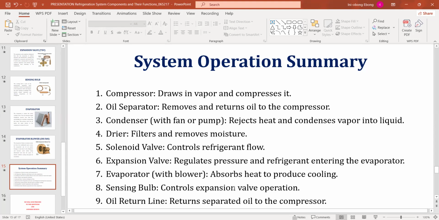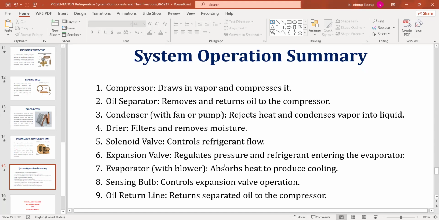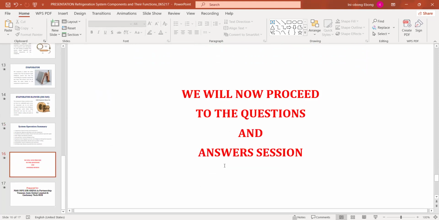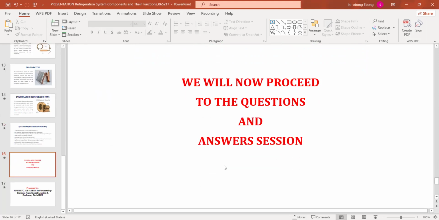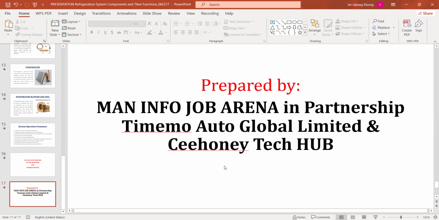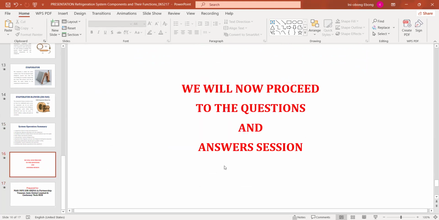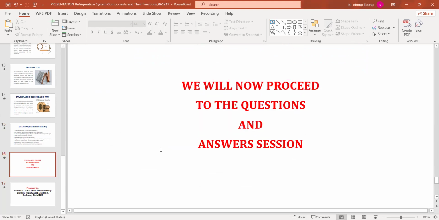Sensing bulb controls expansion valve operation. Oil return line returns separated oil back to your compressor. So that's the end of the class on the parts identification and their function. I will recap on this before I give room for questions.